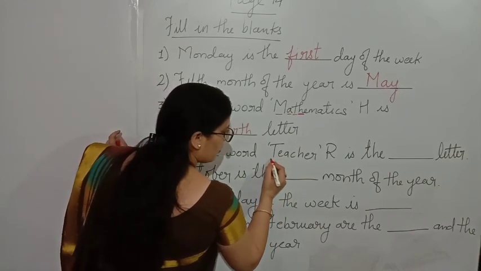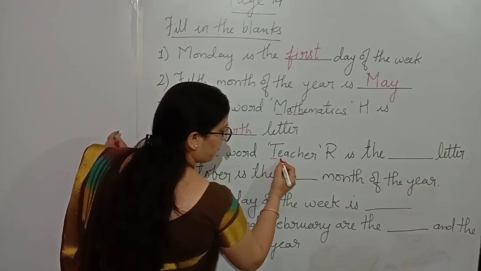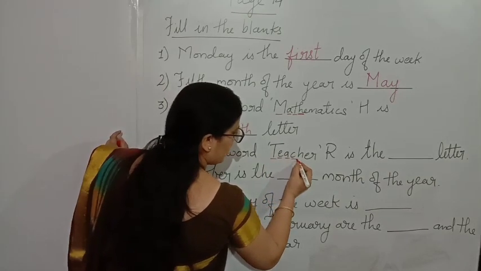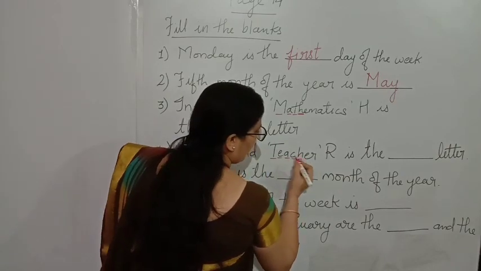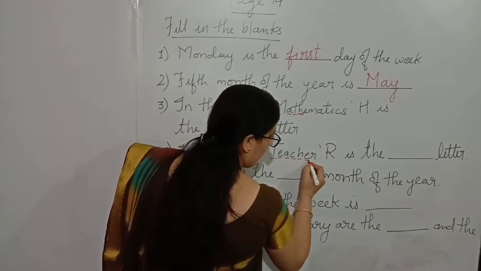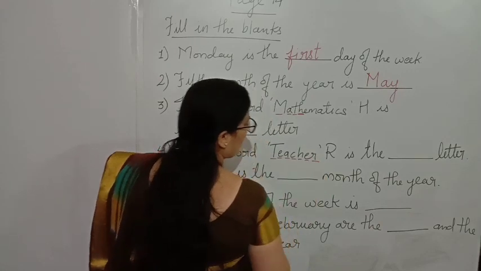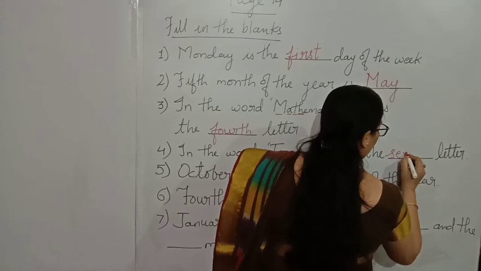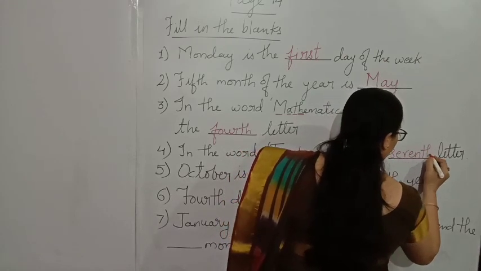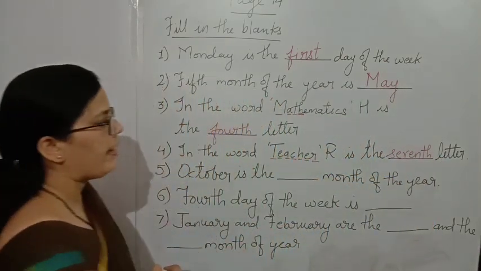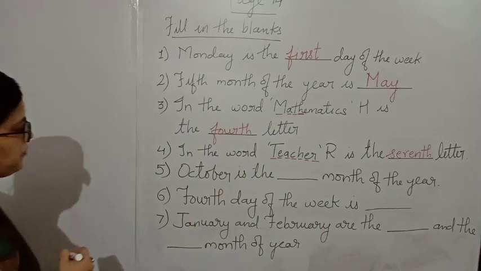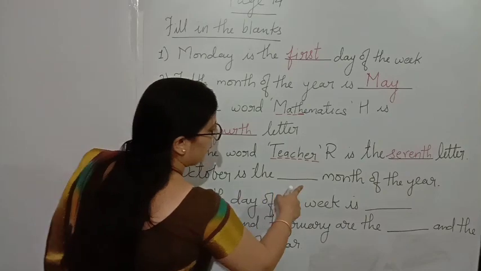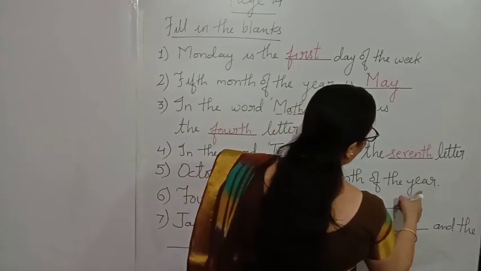First is T, second E, third A, fourth C, fifth H, sixth E, and seventh one is R. Seventh is R. So here we will fill in the word seventh, S-E-V-E-N-T-H. Clear?